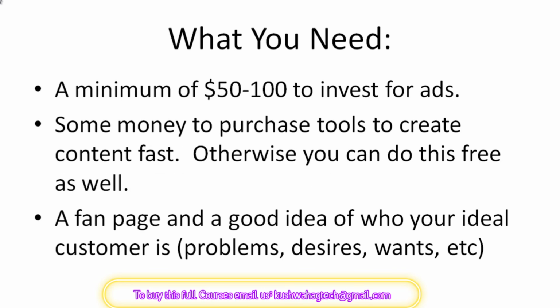You're going to need to have a minimum of $50 to $100. Bear in mind, you'll start out with 3 to 5 cents a like, but as time goes on and you improve your campaign, you can, generally speaking, get it down to 1, 2, or 3 cents. So with that in mind, you can get the calculator, multiply that, and get an idea of how many actual likes you'll get.